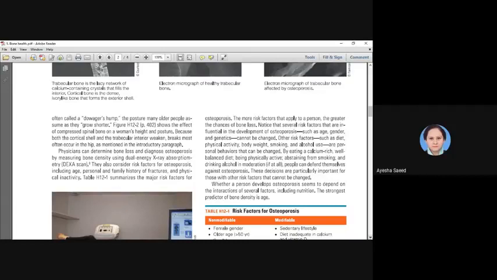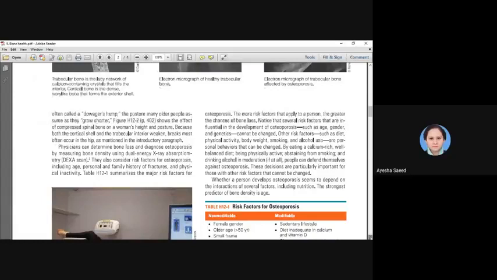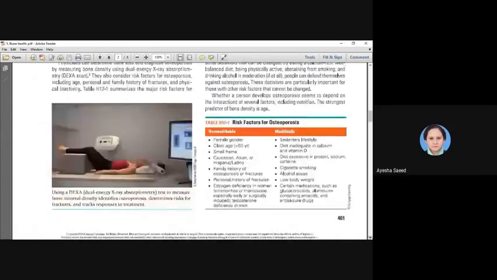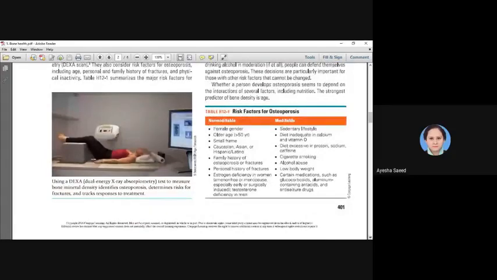Whether a person develops osteoporosis seems to depend on the interaction of several factors, including nutrition. The strongest predictor of bone density is age. So, if we look at these factors, first we'll look at the non modifiable risk factors.